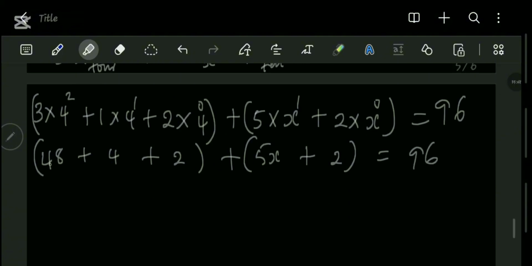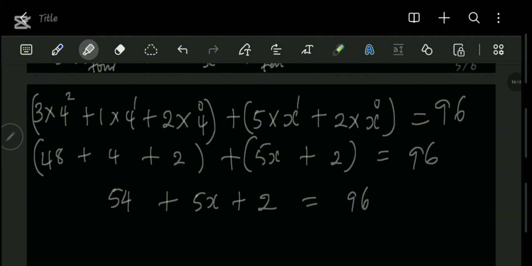If I add all this part together, 48 plus 4 plus 2, that's 54. So everything here is 54. Then plus 5x plus 2 is equal to 96, right?